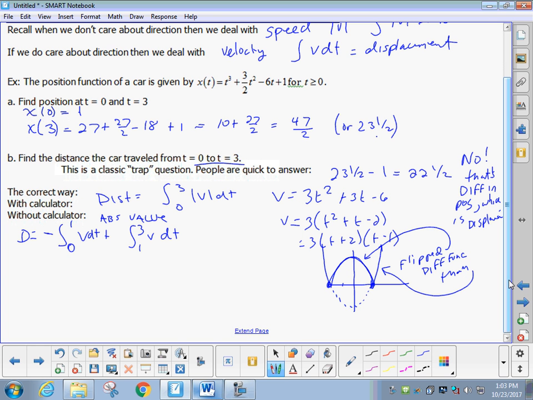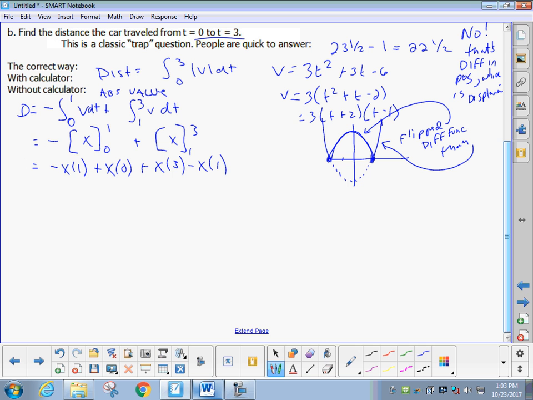Okay, I don't need to put the function in. Let's minimize the writing. What's the antiderivative of velocity? Position. So I need to find the opposite of the position change from 0 to 1 plus the same as the position change from 1 to 3. Or I guess you could say negative x at 1 plus x initial plus x at 3 minus x at 1. I guess you could combine like terms. Should I just start putting stuff in, or do you want me to combine like terms?